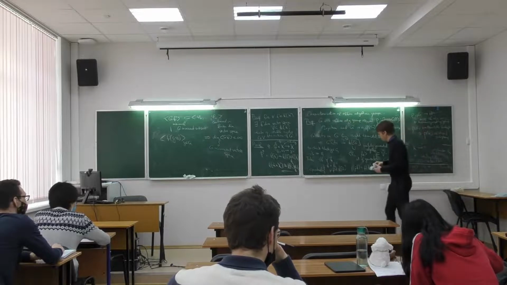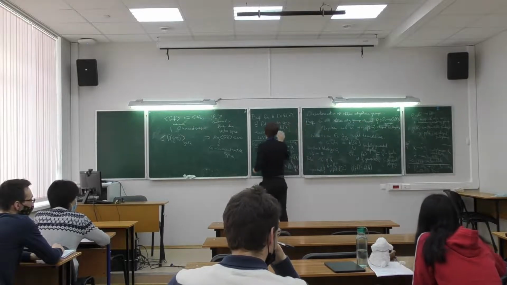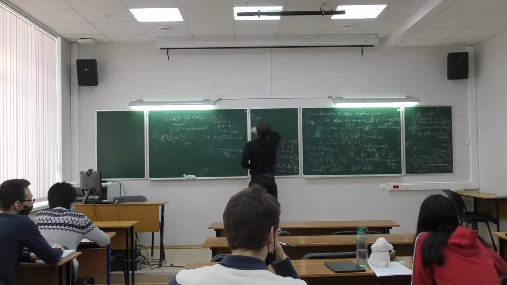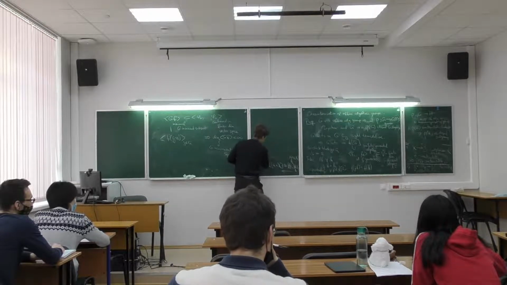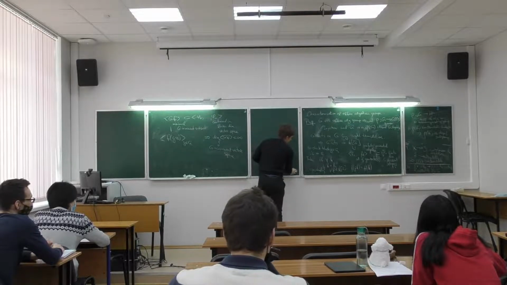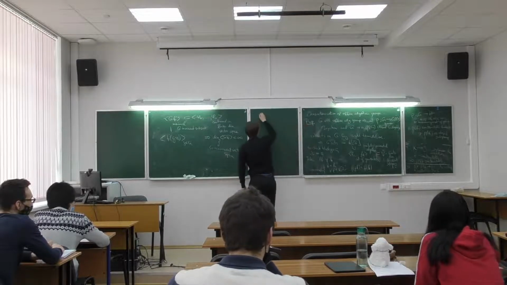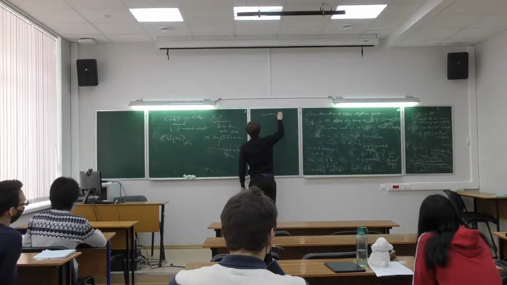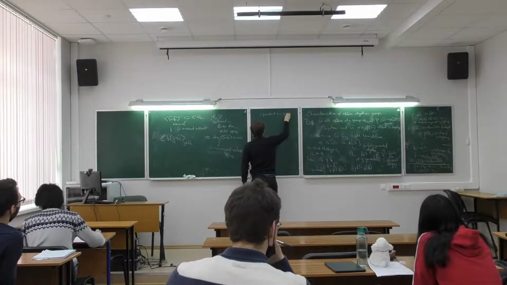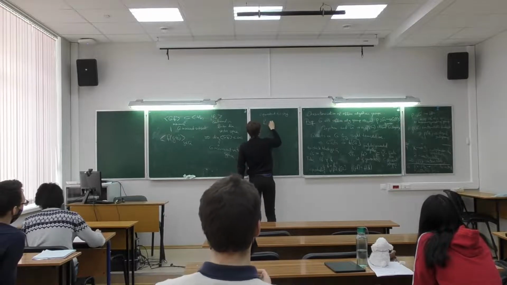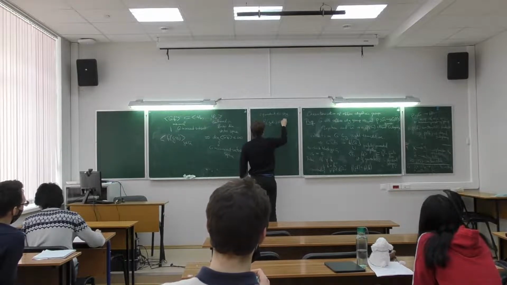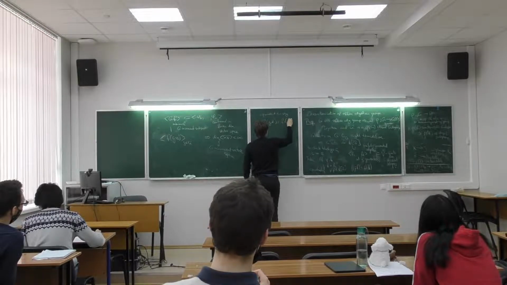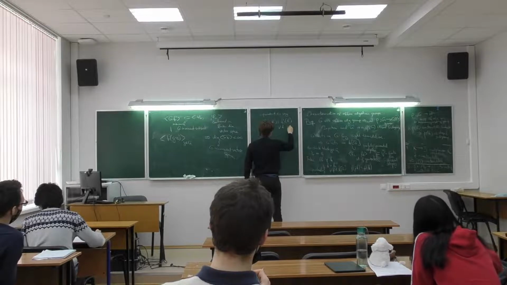And so this is equivalent to saying, since our algebra is finitely generated, that f_i of gh is equal to f_i of h for any h and for any i.